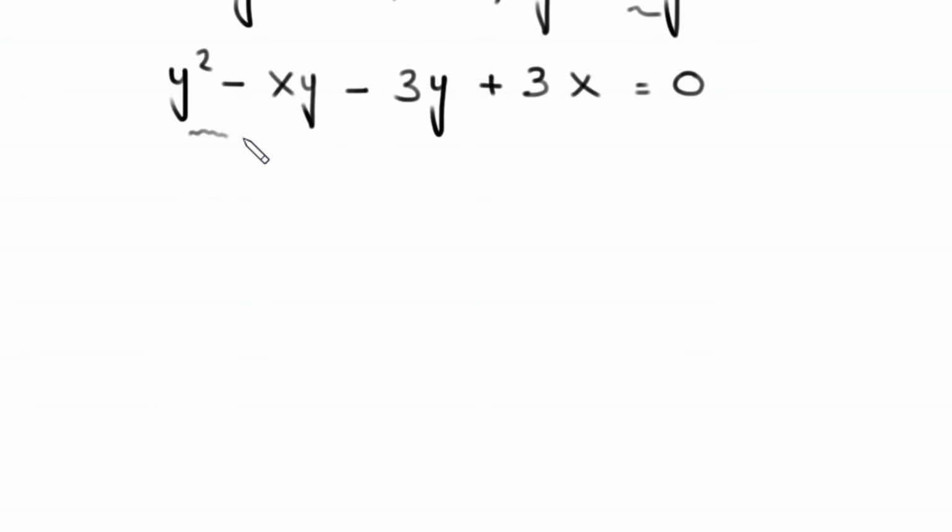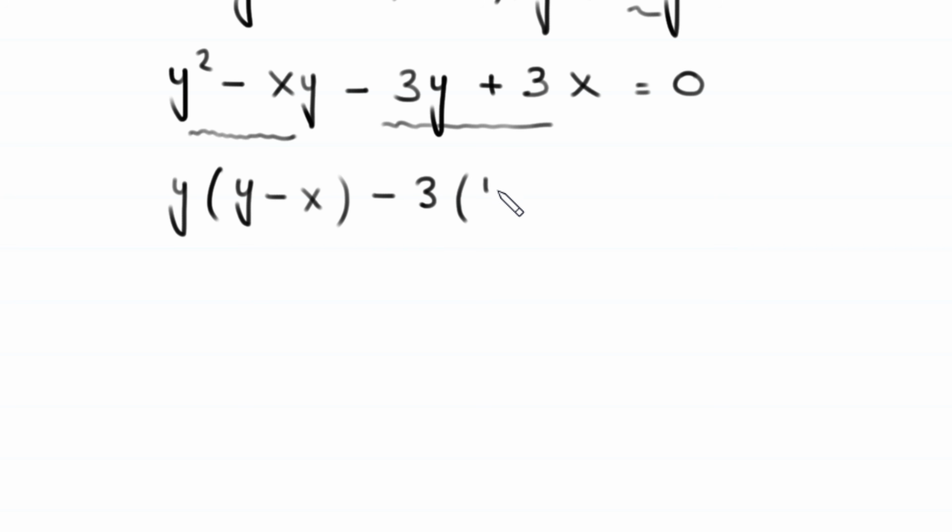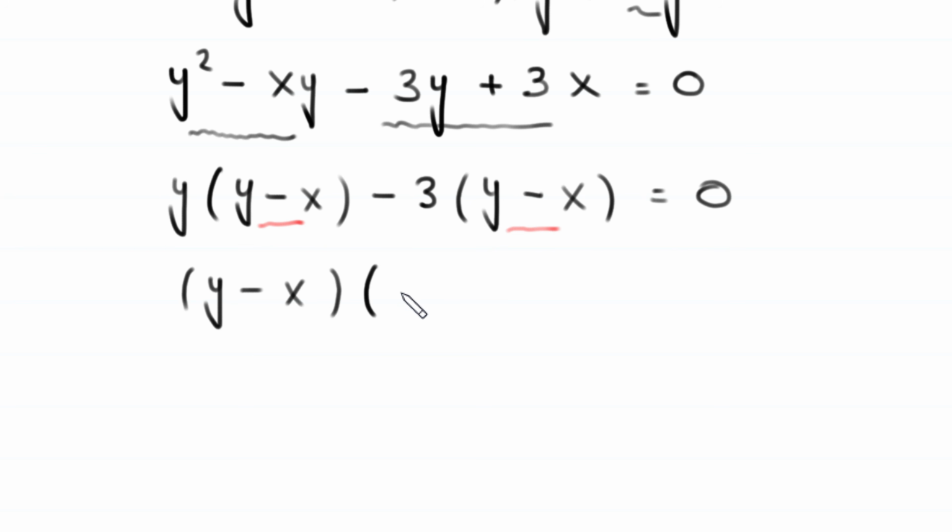From these two terms, y squared minus xy, we can factor out y in bracket y minus x, and from negative 3y plus 3x, we can factor out negative 3 in bracket y minus x. This y minus x is a common factor, so we factor it out, and in bracket y minus 3 equal to 0.